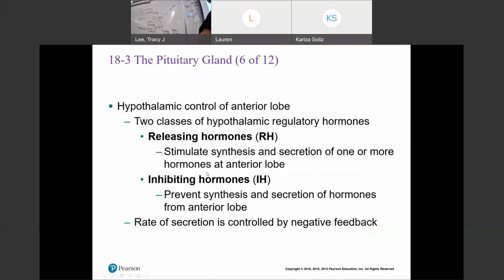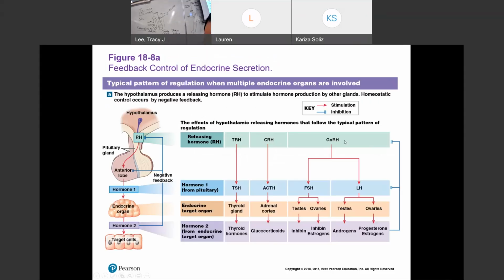Our inhibiting hormones are going to stop synthesis of hormones from the anterior lobe. These are coming from the hypothalamus. So the hypothalamus is saying to the anterior pituitary gland, secrete this hormone, or it's saying, no, don't secrete this hormone, turn it off. And we're going to call those releasing hormones or inhibiting hormones.